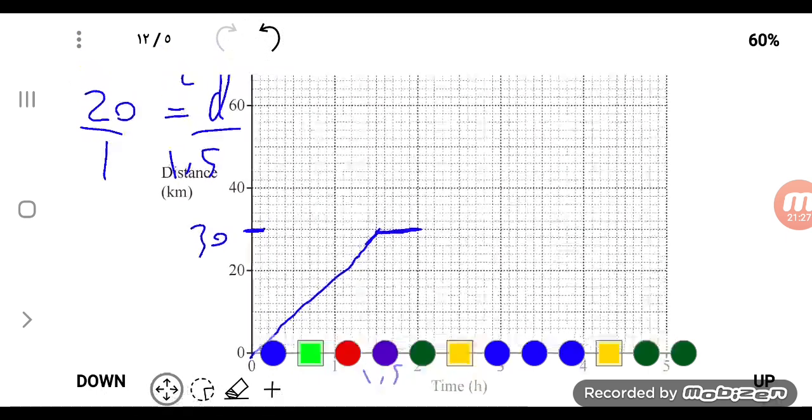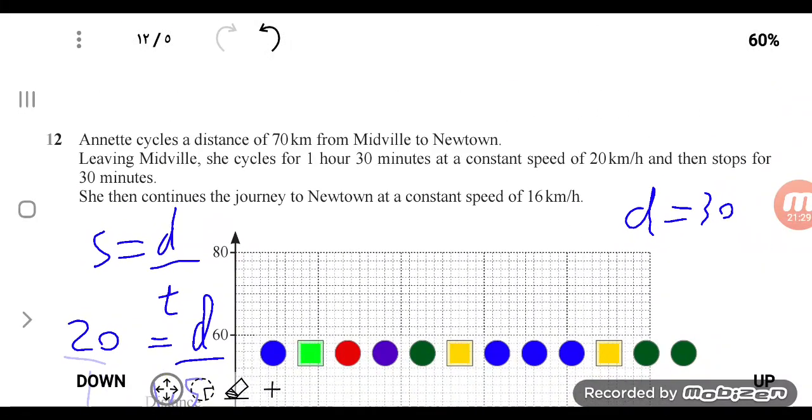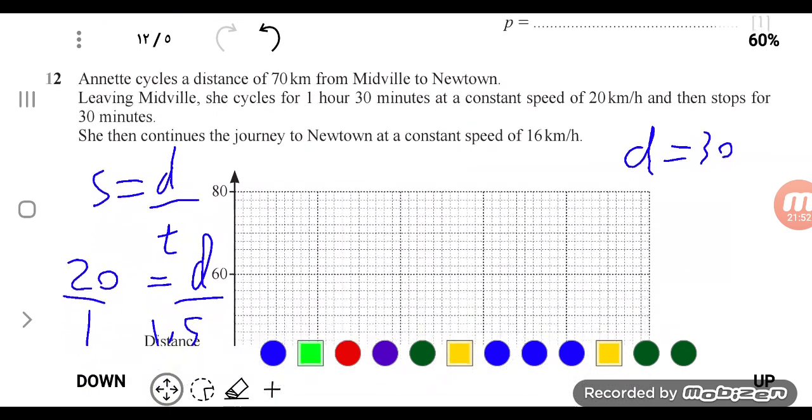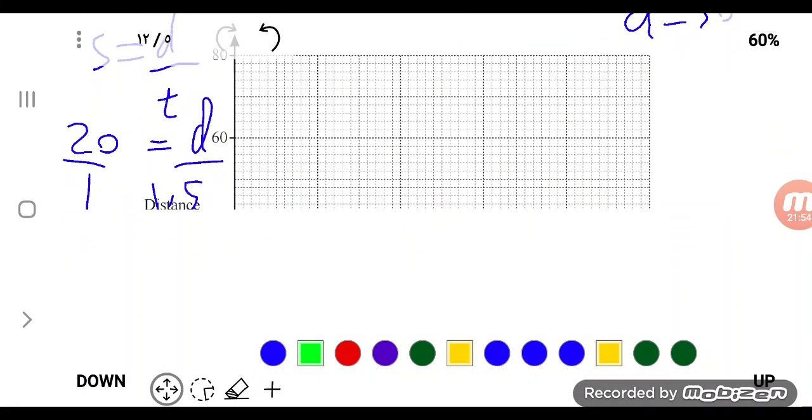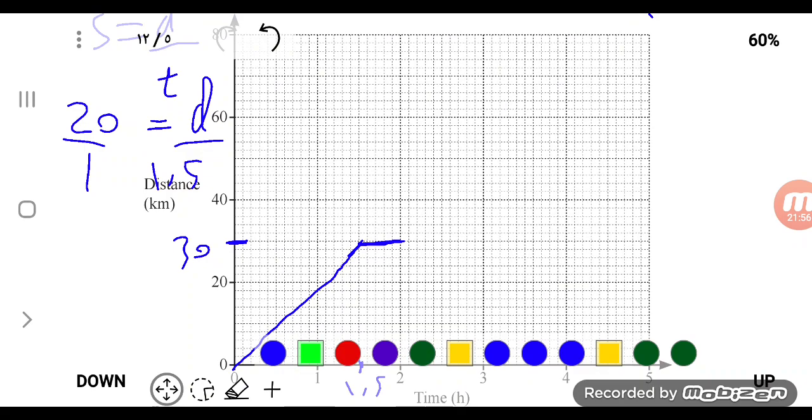Then the second part of the journey, let's see it here. She cycles 130 minutes at constant speed 20 kilometers per hour, and then she stops for 30 minutes. She then continues the journey to Newtown at constant speed 16 kilometers per hour. That's the speed. So we do the same thing.